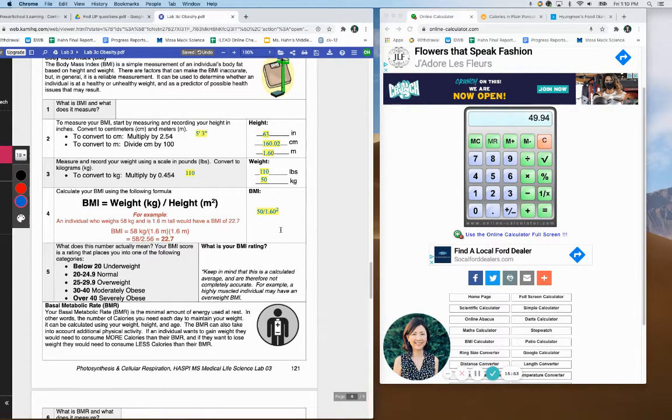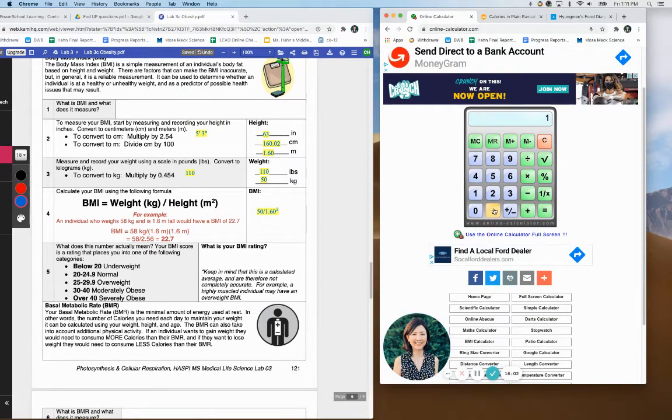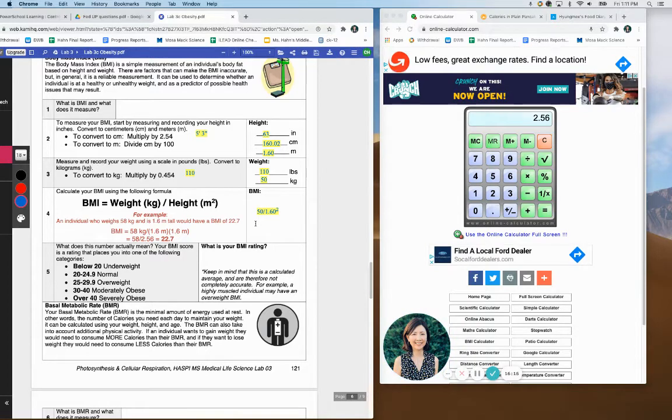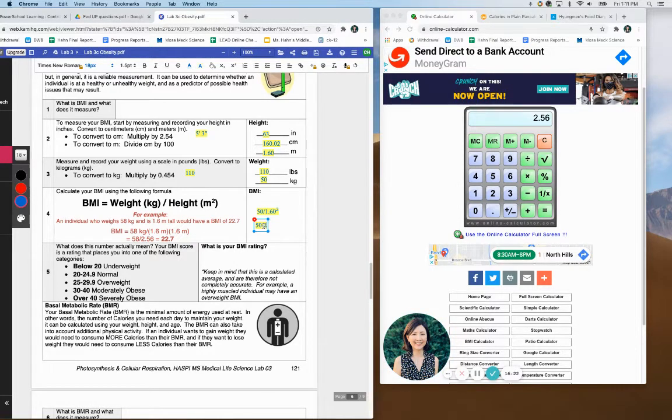All right, so 1.6 times 1.6 is equal to 2.56. So I'm going to take my weight, which is 50, and I'm going to divide it by 2.56.